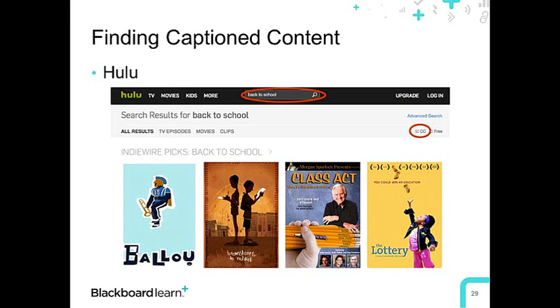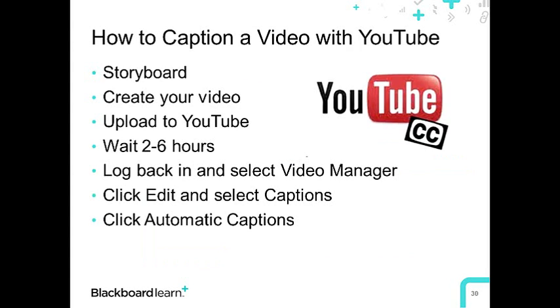So I'm just about ready to share my browser, but this is an overview of how to caption a video with YouTube. The most important piece of advice I can give you is to have a storyboard. You are allowed to caption any videos in YouTube that you own and upload to YouTube. The storyboard is really important.